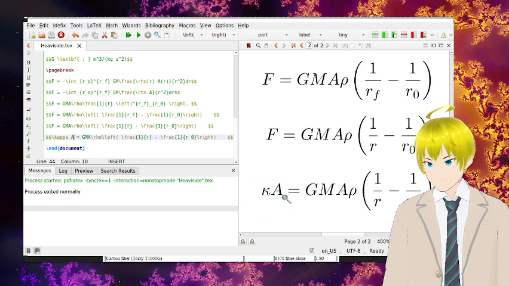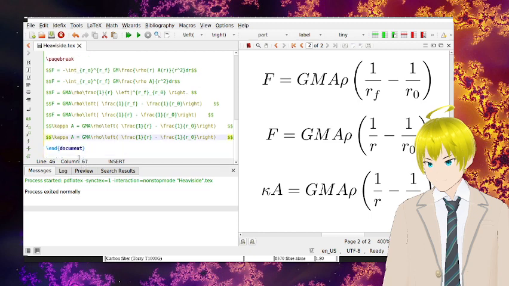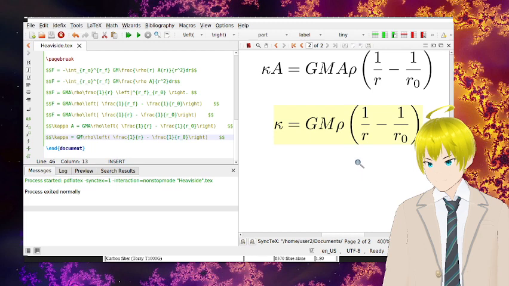So this calculates to newtons, which is F. F is in newtons. So then our A's cancel on both sides, and we just get this relation.